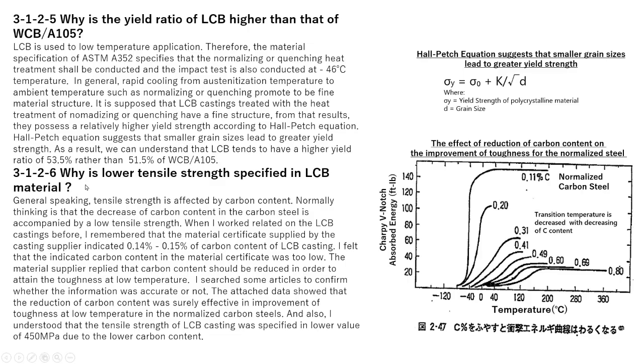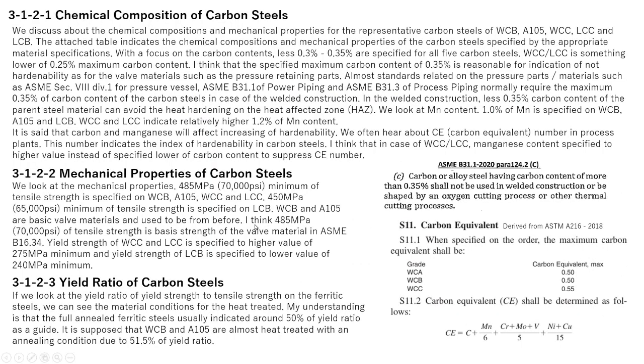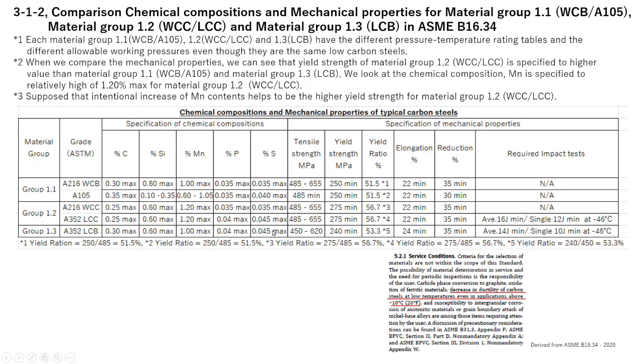Next, why is a lower tensile strength specified in LCB material? Again, we see the table. LCB casting material specifies a 450 megapascal tensile strength.